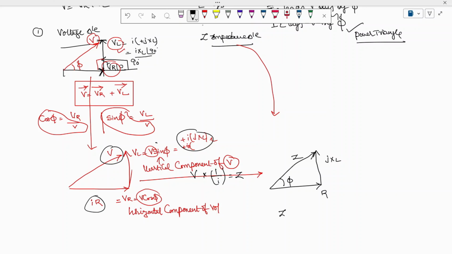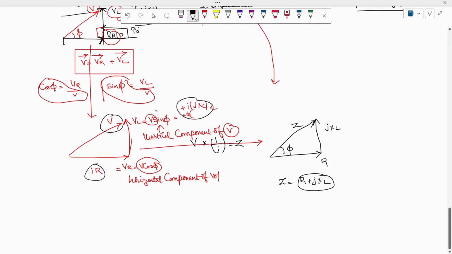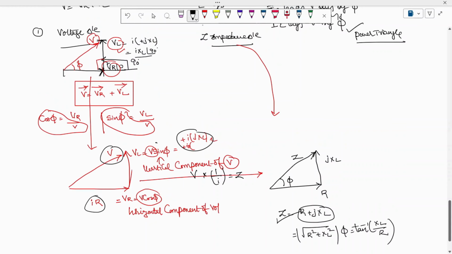So the impedance Z we can write as R plus J XL. This is like a rectangular form. We can write it in polar form, which is root of R square plus XL square as the magnitude, with a phase angle of phi equal to tan inverse of the imaginary part, XL by R. This is the impedance offered in a series RL circuit.